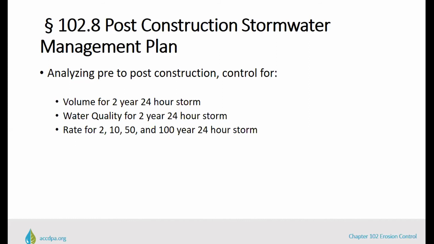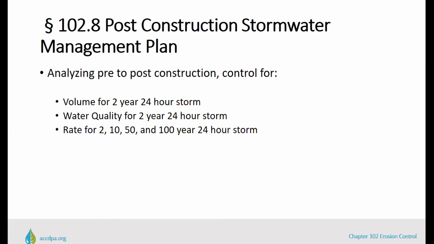NOAA for short is the agency, and they tabulate precipitation frequency. For Allegheny County, the 2-year 24-hour storm is roughly 2.5 inches, depending on where you are, and the 100-year 24-hour storm is roughly 5.25 inches. NOAA's Atlas 14 is frequently updated with new data across the United States.